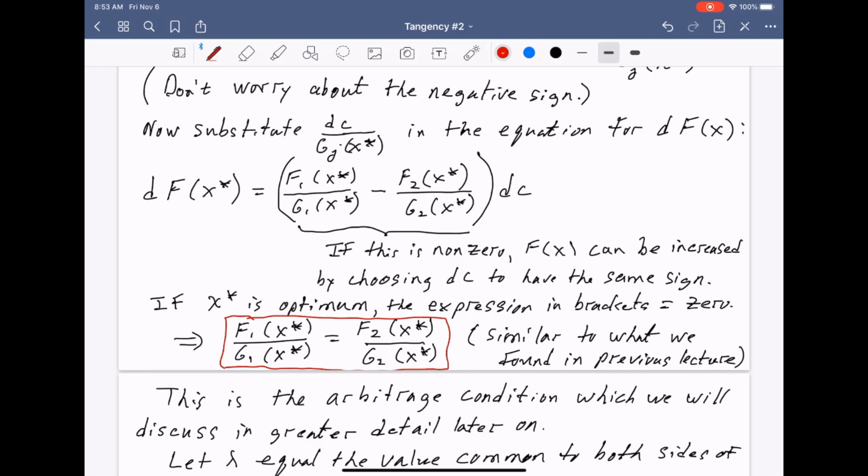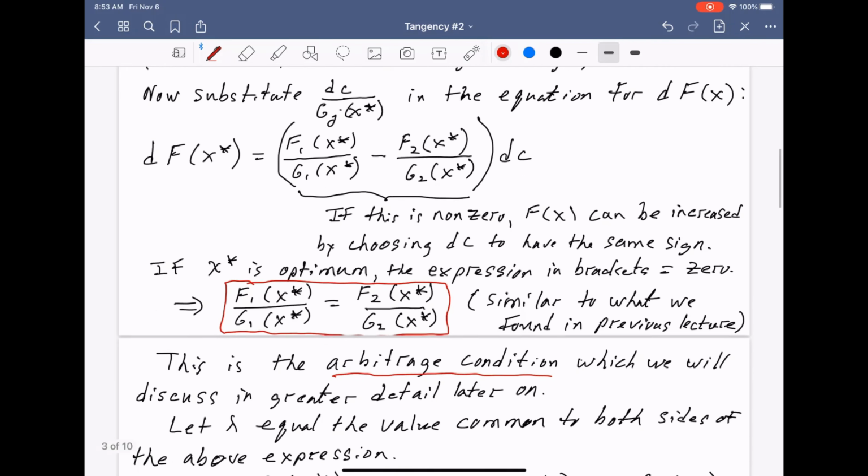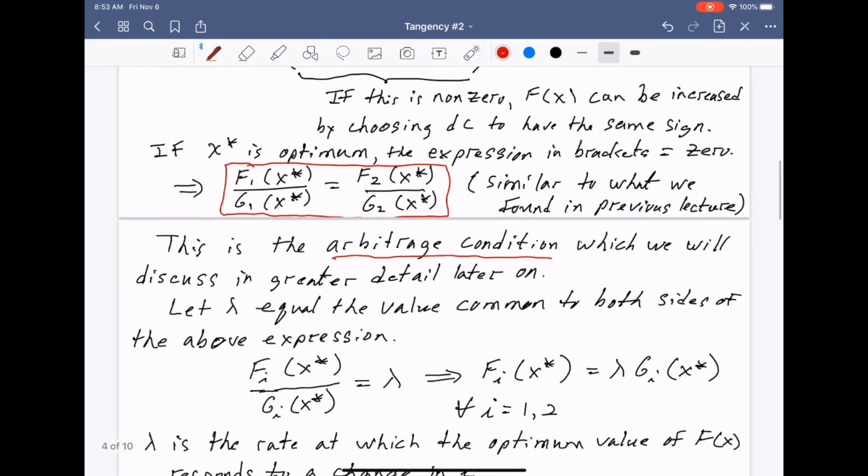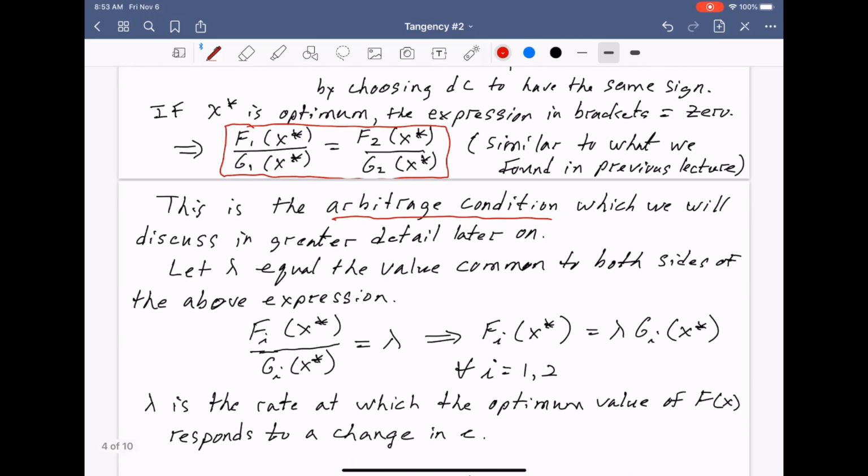We got the first derivative of the objective function with respect to x1 divided by the first derivative of the constraint with respect to x1, equal to that same ratio for x2. And this is the arbitrage condition, which we'll discuss in greater detail a bit later on.